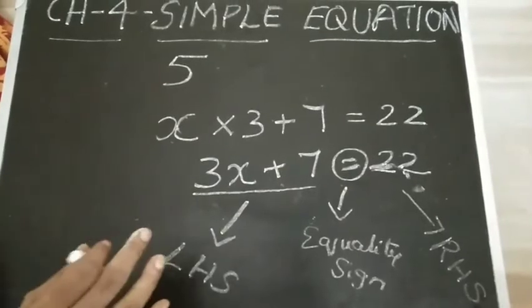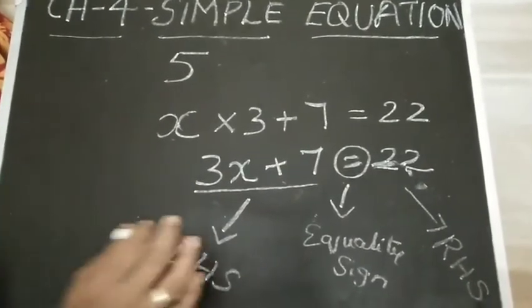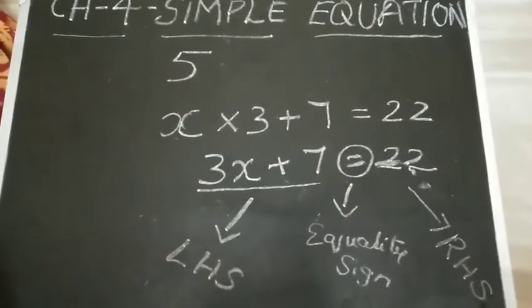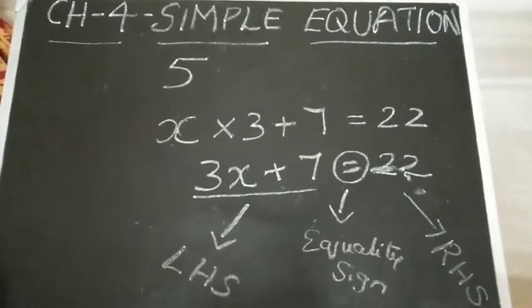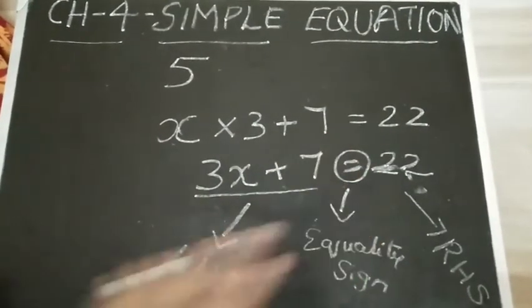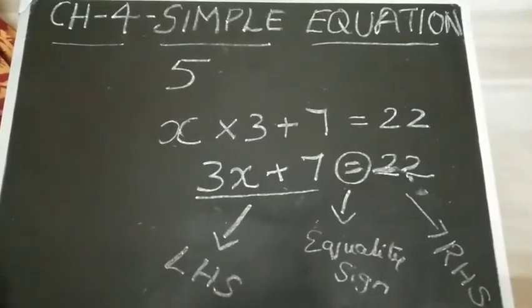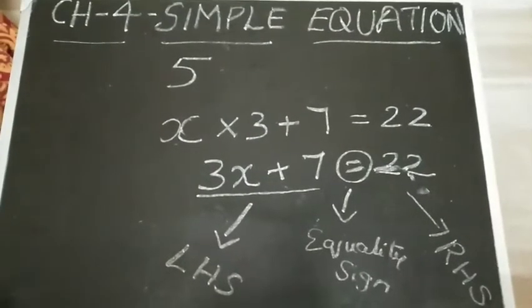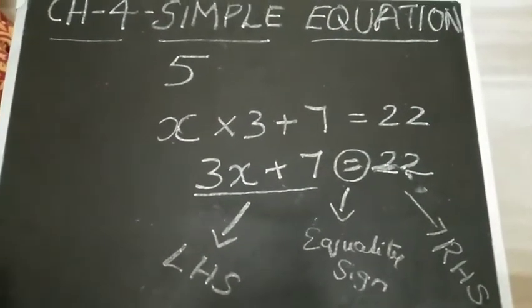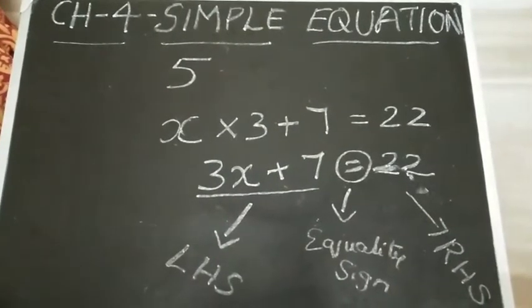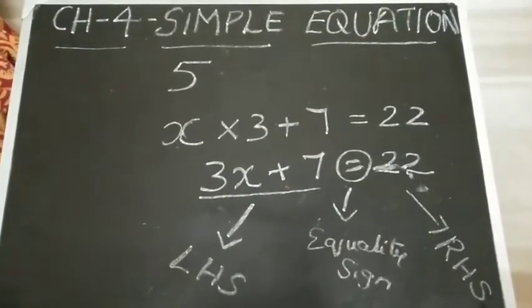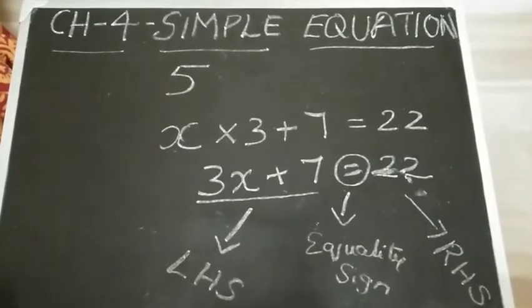An equation is a statement of equality between two mathematical expressions or an expression and a constant with the equal to sign. When you have an equal to sign between two expressions or an expression and a constant, that becomes an equation. Clear, children, what is an equation?